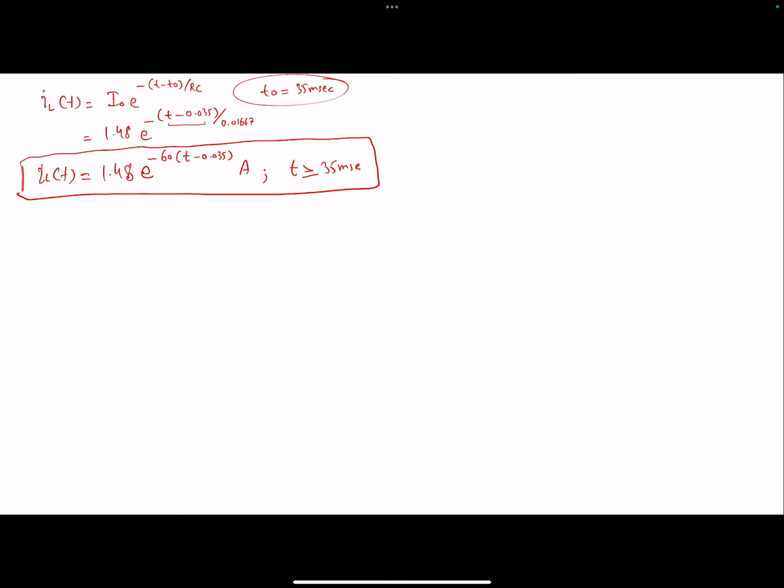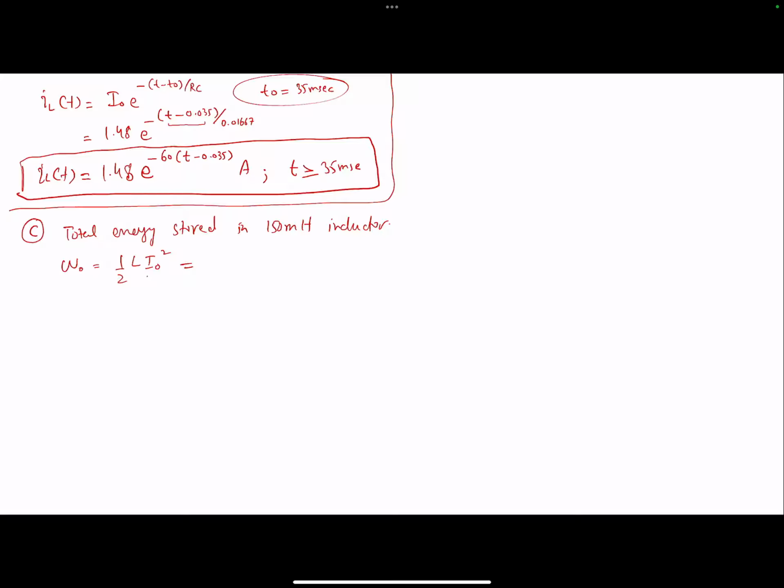So before we solve this part, let's first find out how much is the total energy stored in the 150 millihenry inductor, which we know: half L I naught squared.